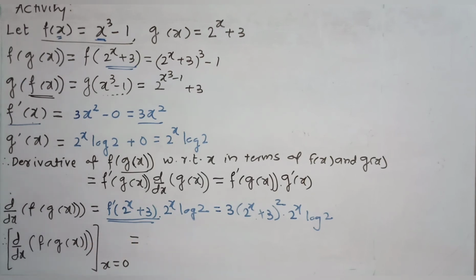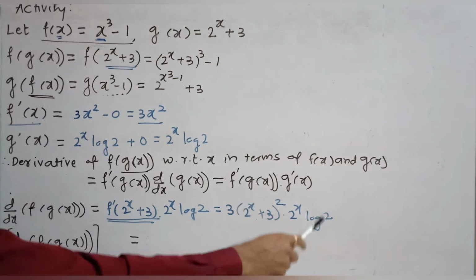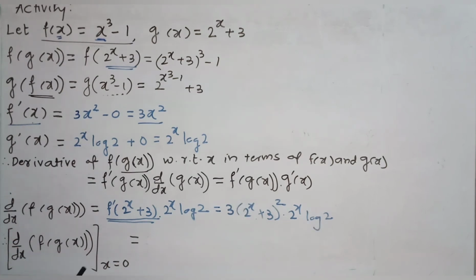Now in the last step we have to write this value here, but we will use x equal to 0 in it. This d by dx of f of gx is the same thing with us, but at the value x equal to 0. So imagine this 0, and what will happen then? 3 into 2 raised to 0 plus 3 square into 2 raised to again 0 into log of 2.